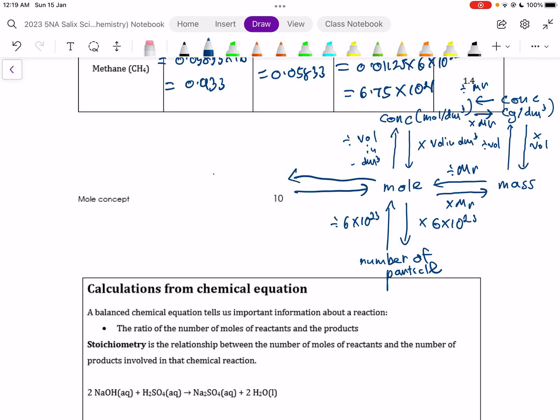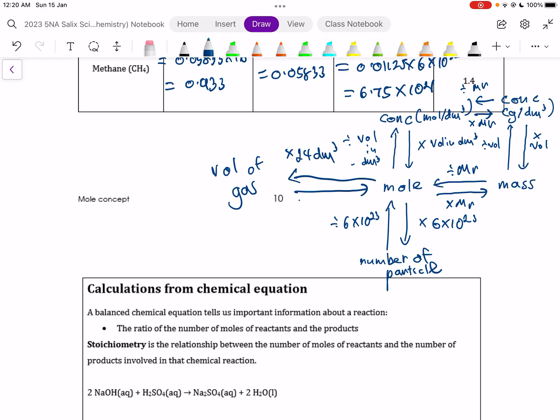Okay, and the last one is the volume of gas, only for gas, because the last thing I want you to do is take the volume of a solution and apply this formula. Okay, so mole you multiply by 24 dm cube, you get volume of gas, or 24,000, depending on what the question wants.